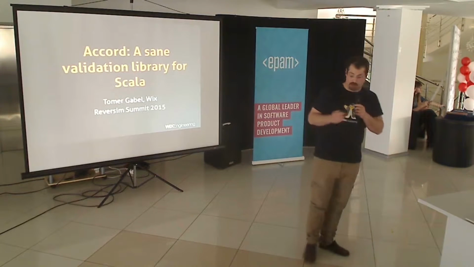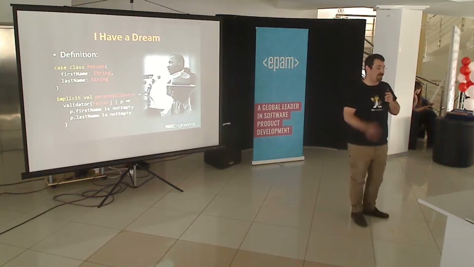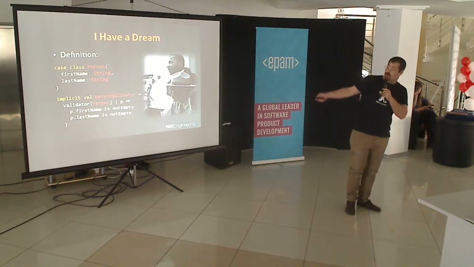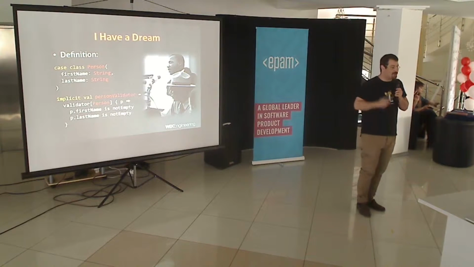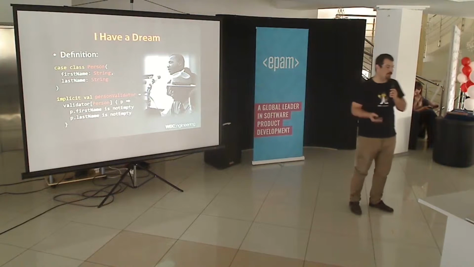So to start with, I have a dream, and in my dream, data validation is almost trivial to implement. In this example, we have a case class Person that has just two fields, first name and last name. I would like to be able to specify my validation rules in as simple a way as possible.